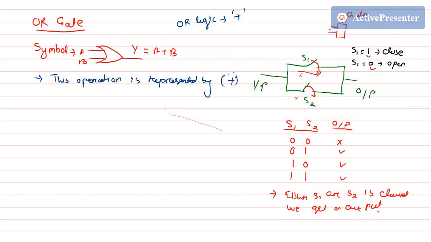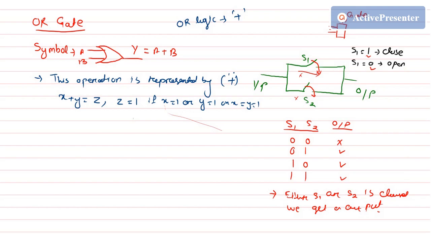Now we can write X plus Y equals Z, and Z equals 1 if X equals 1 or Y equals 1, or X equals Y equals 1. So in that case all three will be 1. From here you see the logic that if either of them is 1, then the output is there.